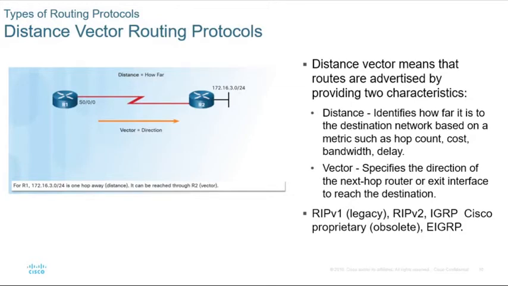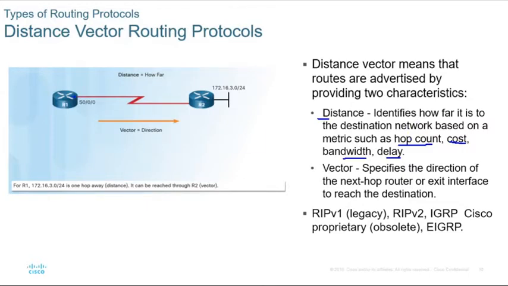Distance means you're identifying how far it is from the destination network, and it's based on a metric, such as hop count, cost, bandwidth, and delay. Remember that.